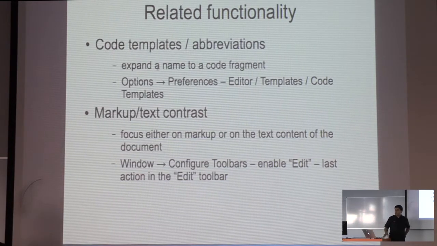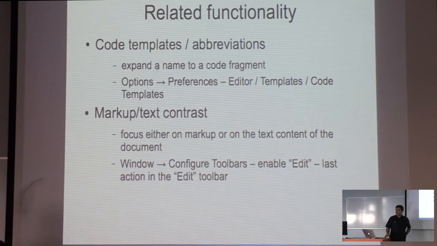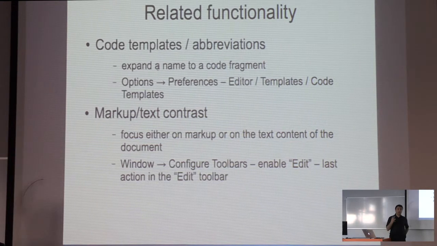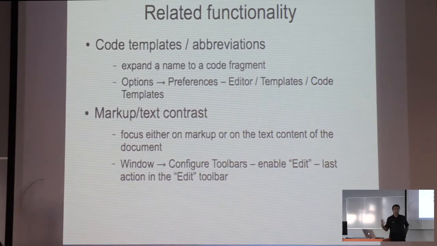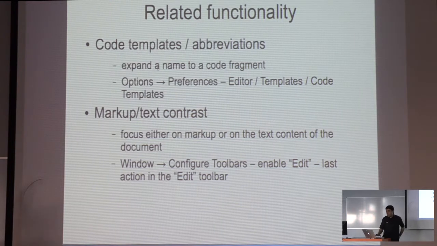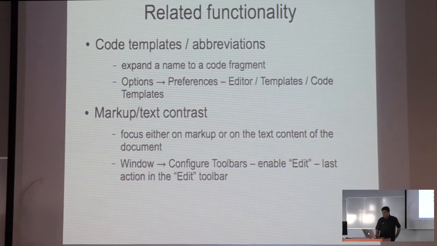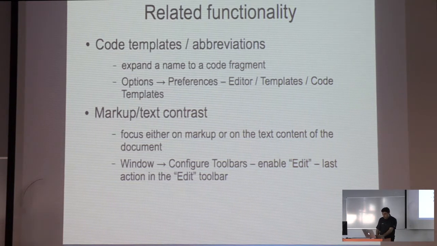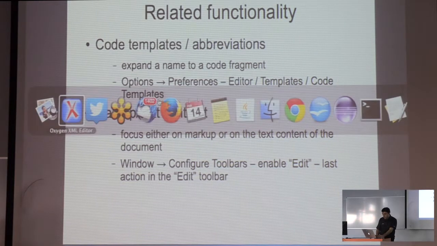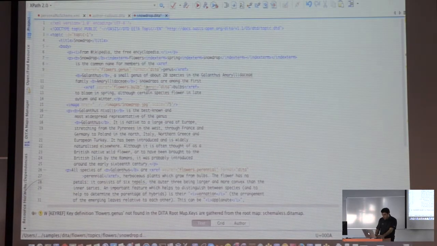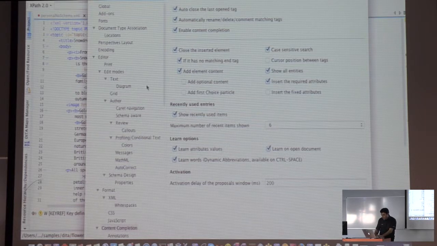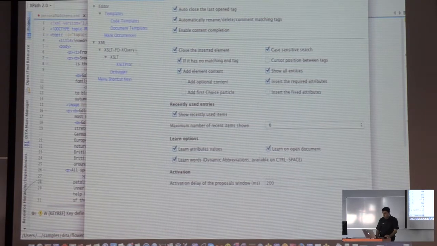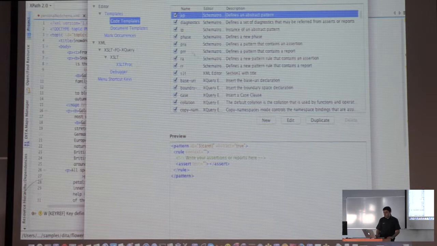And the related functionality with this is the support for code templates or abbreviations, where you can define a name and then expand that to a document fragment. So if you go to options and say templates here, you should be able to find the code templates.